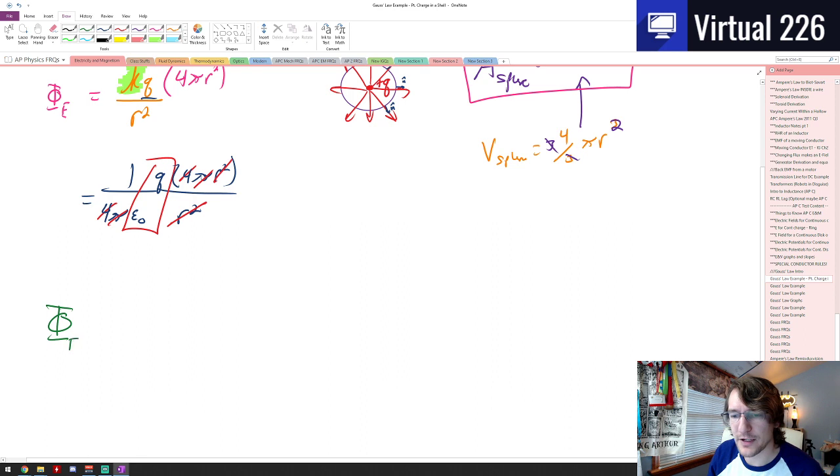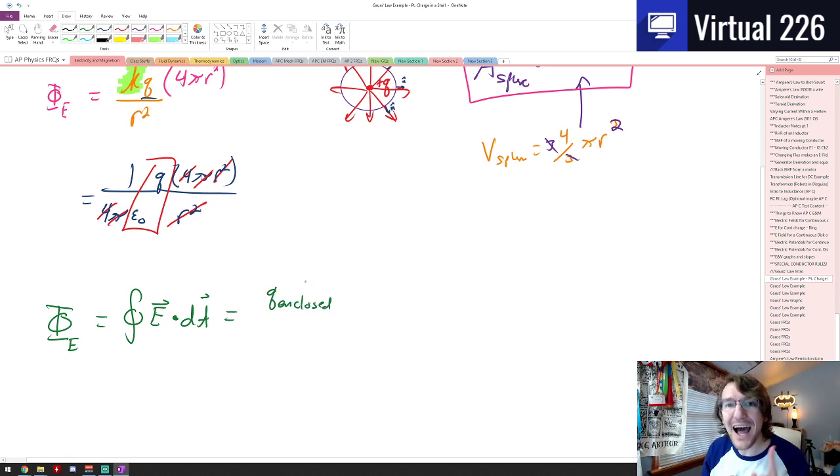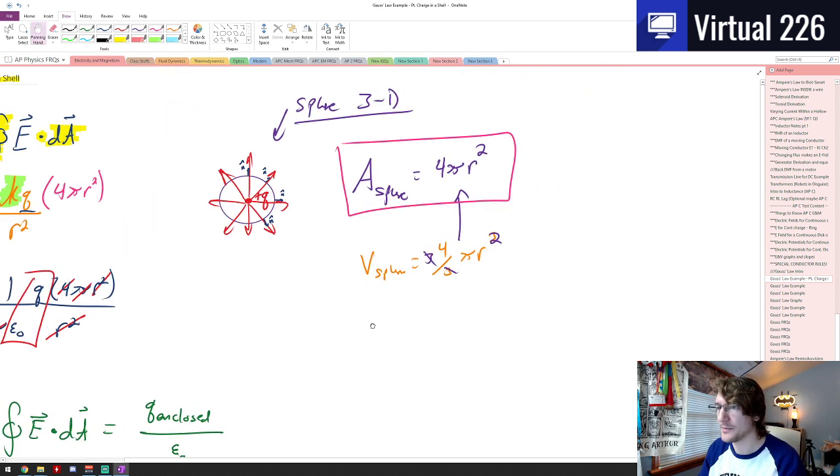This allows us to say the following. The electric flux, which is the electric field moving through some surface area on a closed integral, is equal to whatever the charge is enclosed inside of that area divided by epsilon naught. Because that's what we did.